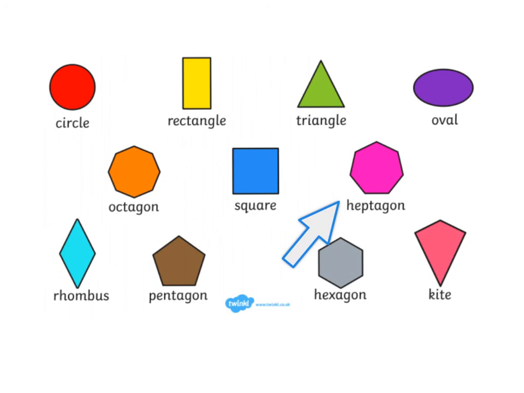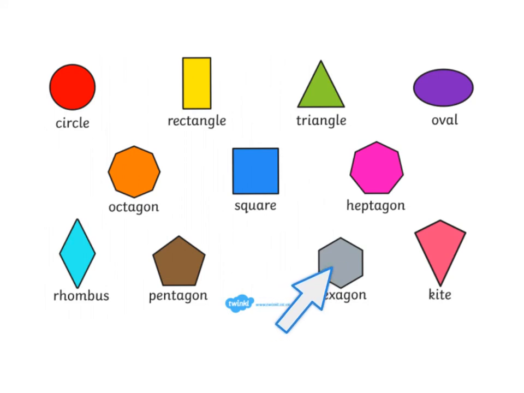Heptagon. Down here, this one we talked a little bit about last time. This one has got 1, 2, 3, 4, 5 sides, and it's called a pentagon. Can you say it? Pentagon. A pentagon. And the last one here, let's count the sides for this one. 1, 2, 3, 4, 5, 6.